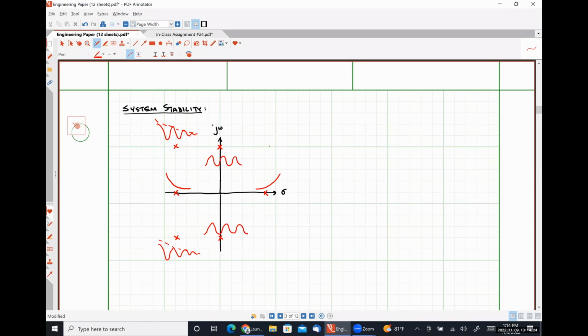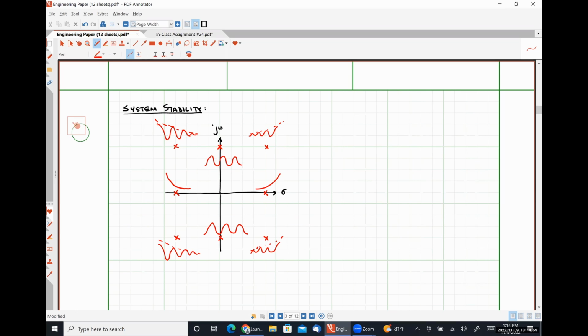And if we have complex conjugate poles in the right-hand plane, instead of seeing exponential decay, we wind up getting exponential growth that rings. Can't draw the exponential growth or decay while ringing particularly well, but I think you guys have all got the gist of it, okay?